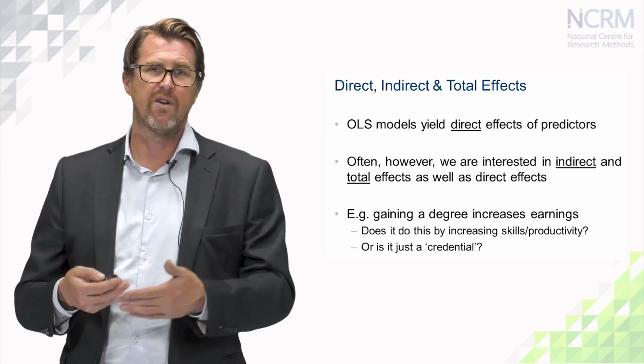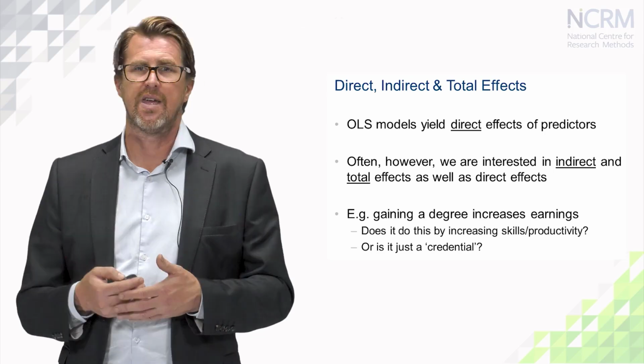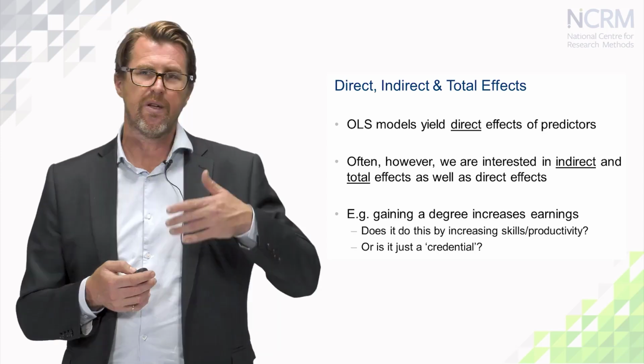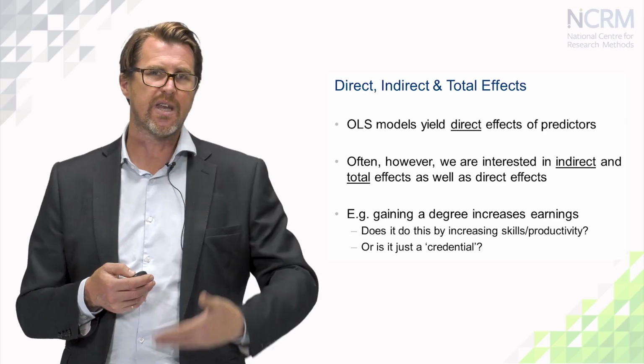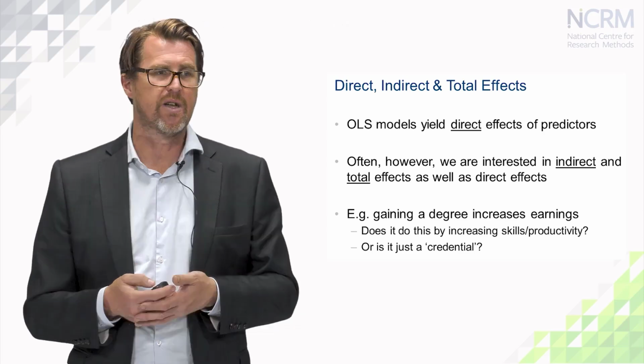It might have a causal effect on your earnings in later life, and that's a useful and interesting conclusion to be able to draw. But there might be secondary questions about how that actually happens.